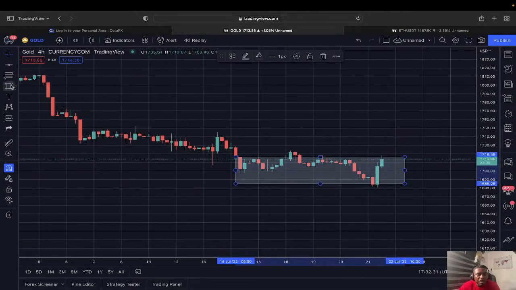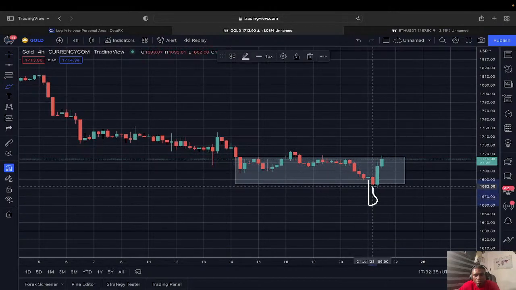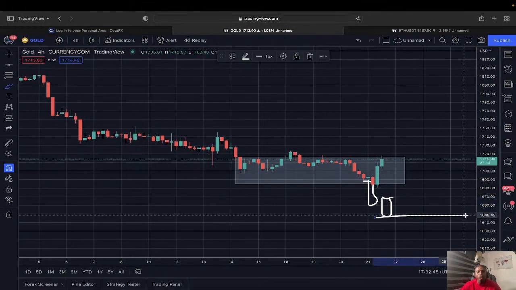So like I was saying earlier, if we have a breakout candle here, and the next candle that opens closes below the breakout candle, then this is a confirmation that you can sell.